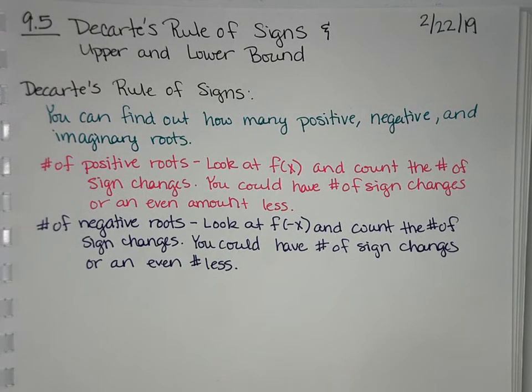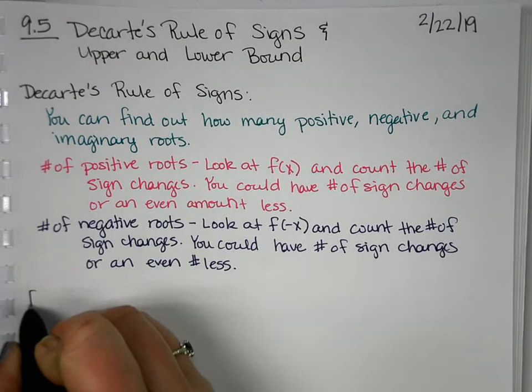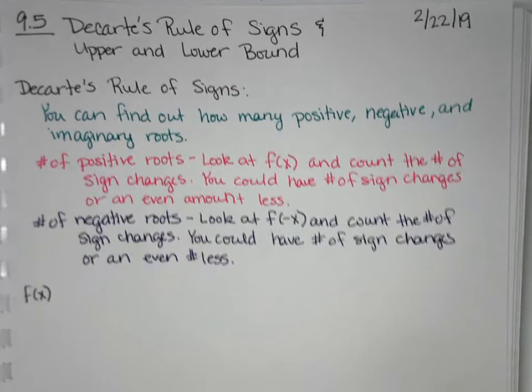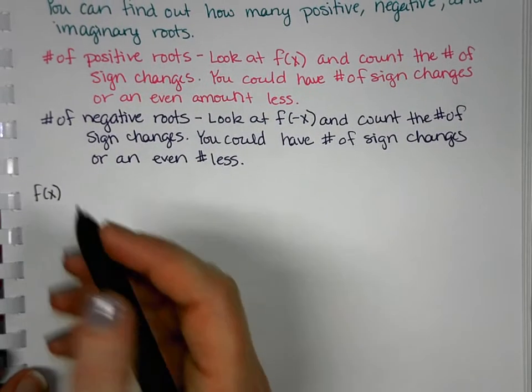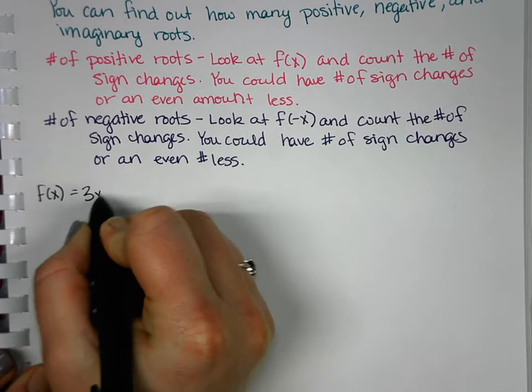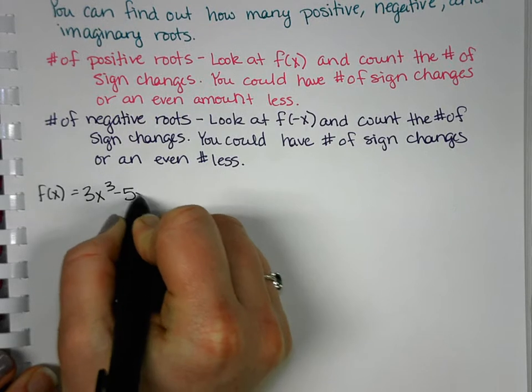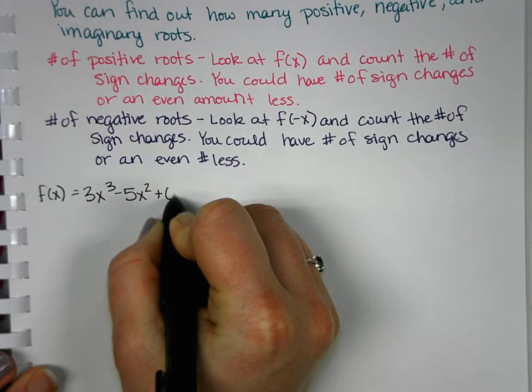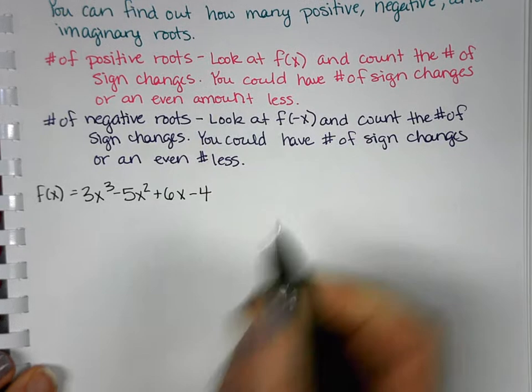Now, something that I'm not sure if you've gone over before with other classes, but in order to tell how many solutions you're going to have total, you look at your highest degree. So if we look at this first one, f of x, that I have here: 3x to the third minus 5x squared plus 6x minus 4.